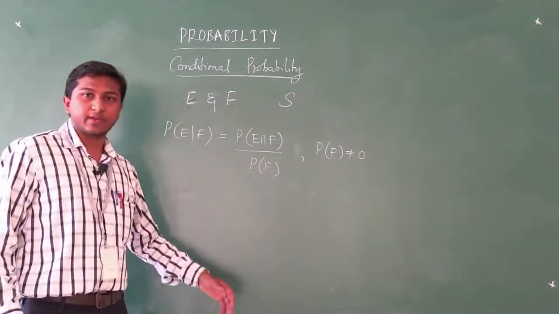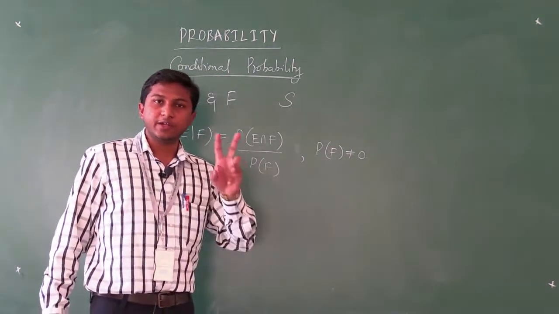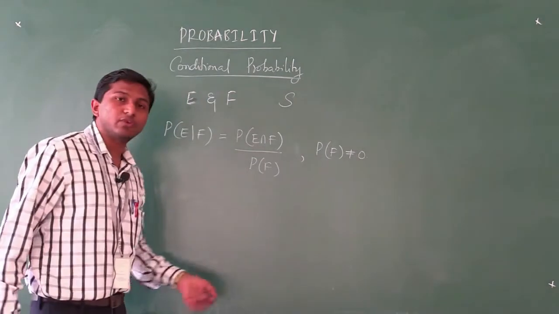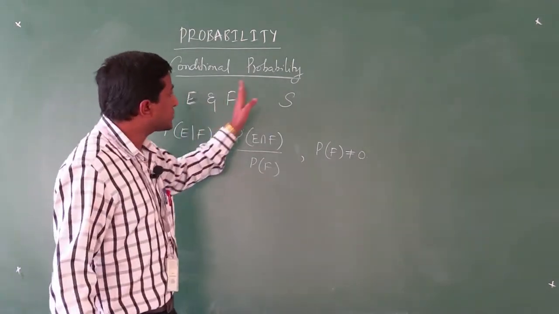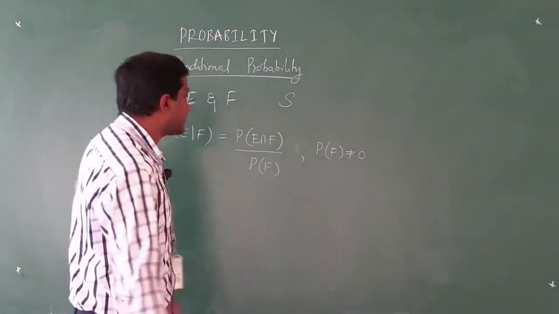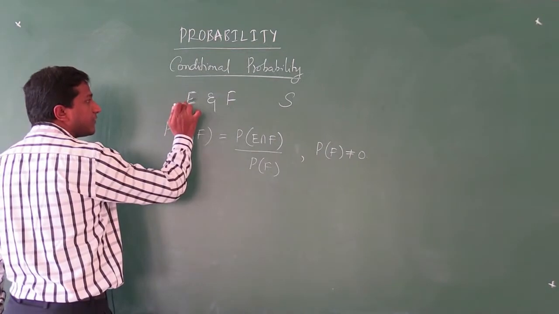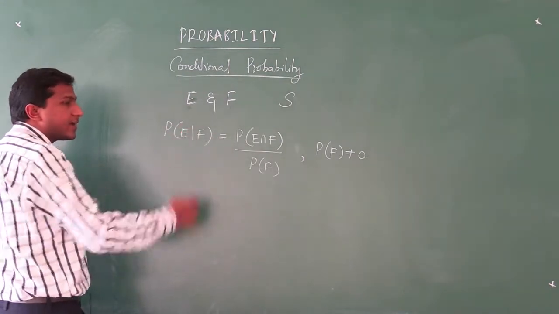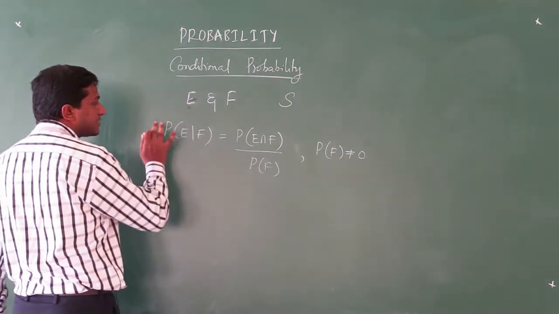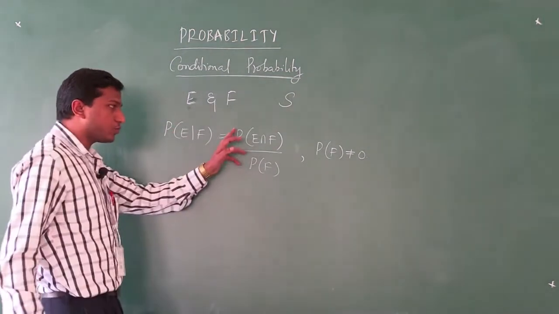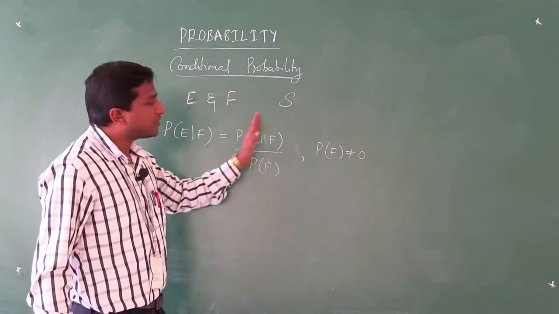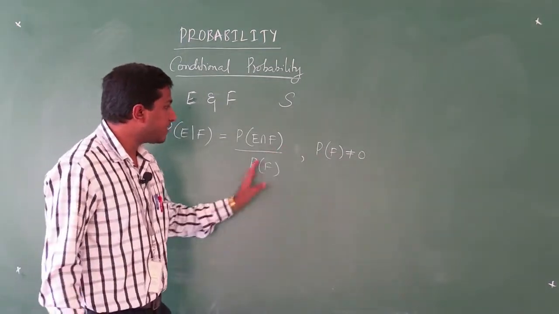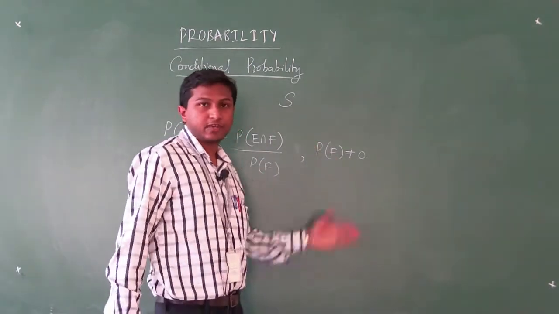So I repeat the definition once again. To think about conditional probability, you need a minimum of two events associated with some sample space S. We have taken two events E and F associated with the same sample space S. So the conditional probability of event E with respect to event F, or in other words, the probability of event E given that event F has already occurred, has notation P of E bar F. It is equal to the probability of E intersection F whole divided by the probability of F. The only thing to note is that the probability of F cannot be 0.